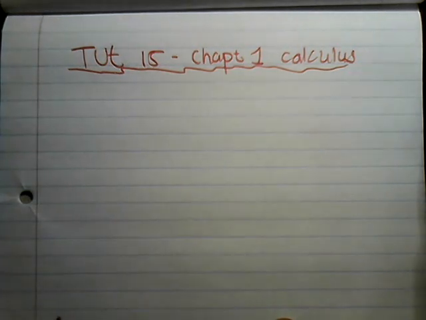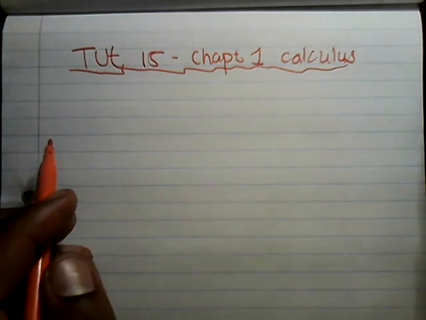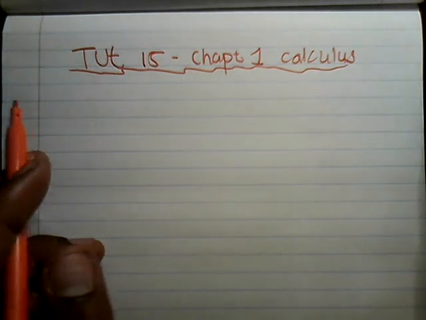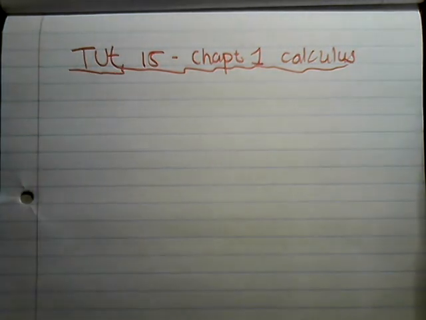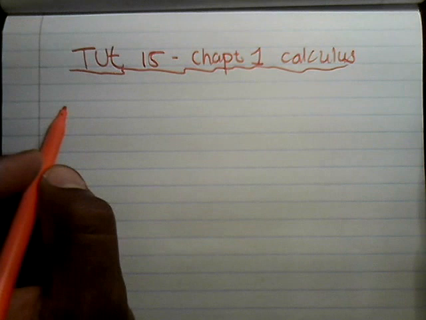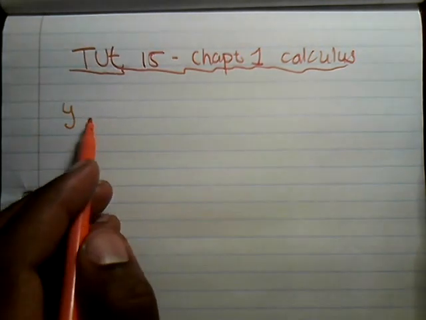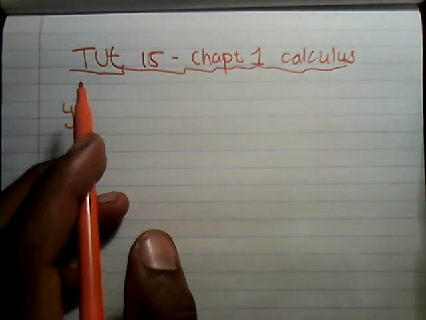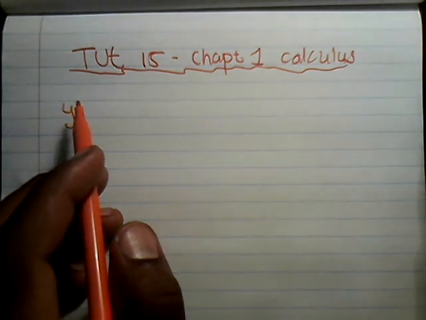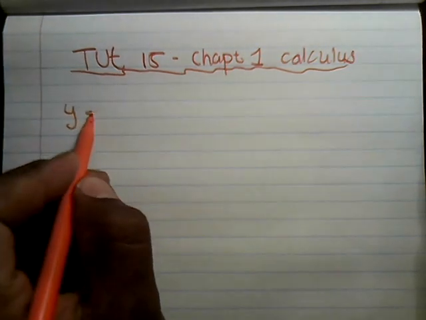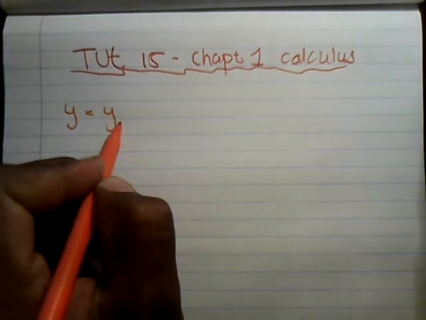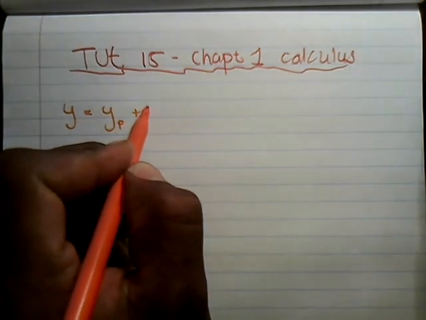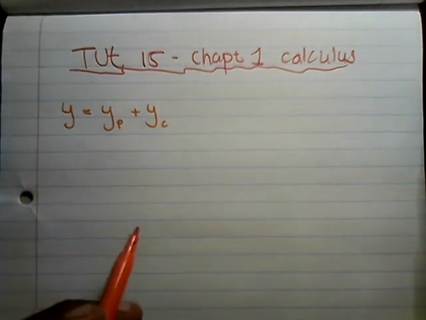I won't do the complementary solution because we did that in the previous video, tutorial 13. For every solution, I'm only going to do the particular solution. To get the complete solution, y, you will have to say y equals yp, the particular solution, plus yc, the complementary solution.